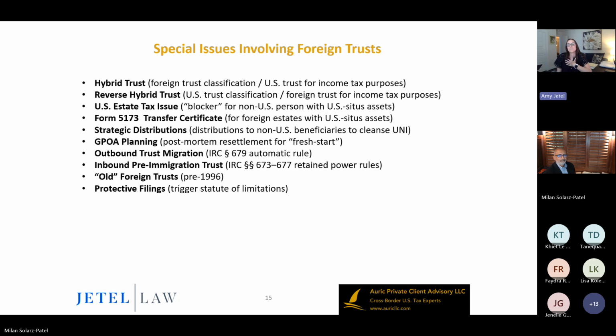It got very popular with families who live in CRS jurisdictions who want a trust that's not taxed as a U.S. trust, but it's considered a U.S. trust for all other purposes. In other words, the Wyoming trustee in my example doesn't have any kind of automatic exchange obligations under CRS.